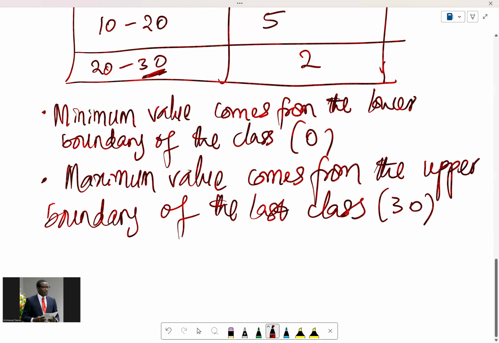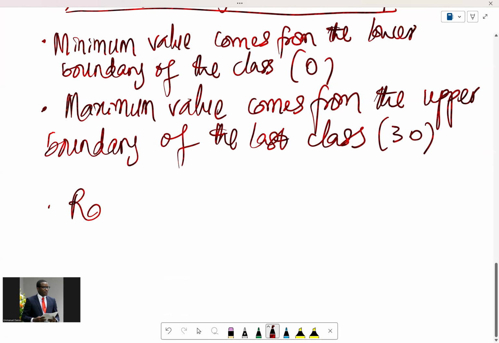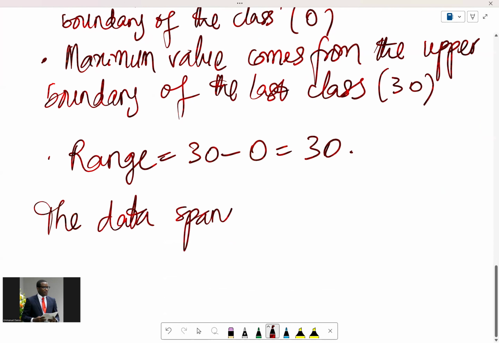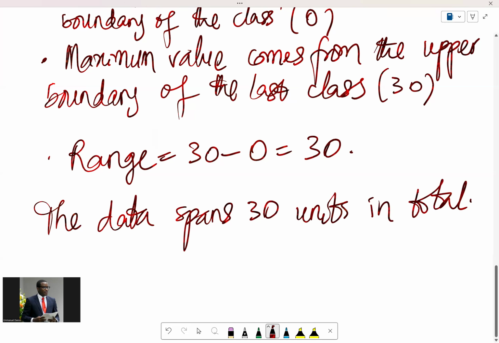So that's 30. So simply, range here is equal to 30 minus 0, and that is simply 30. So range is as simple as it gets, like I said. So interpretation: it means that the data spans 30 units in total. And that goes.